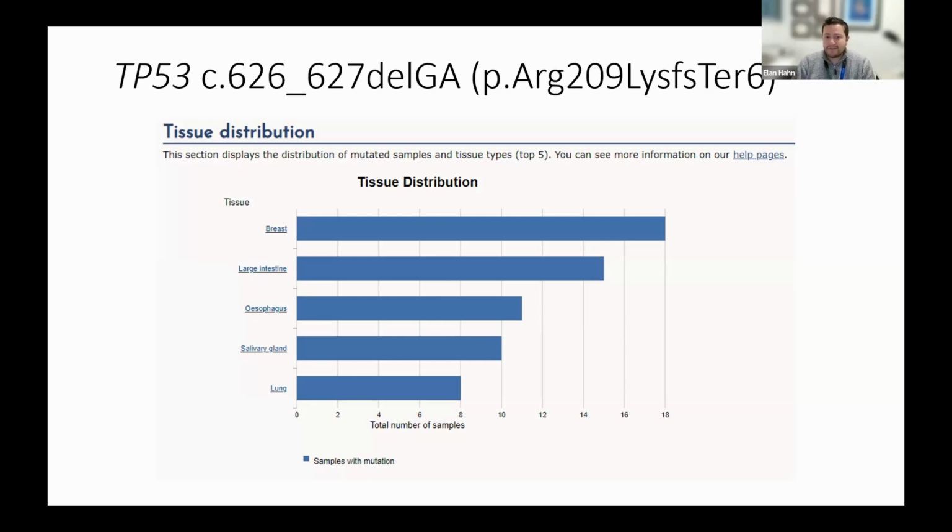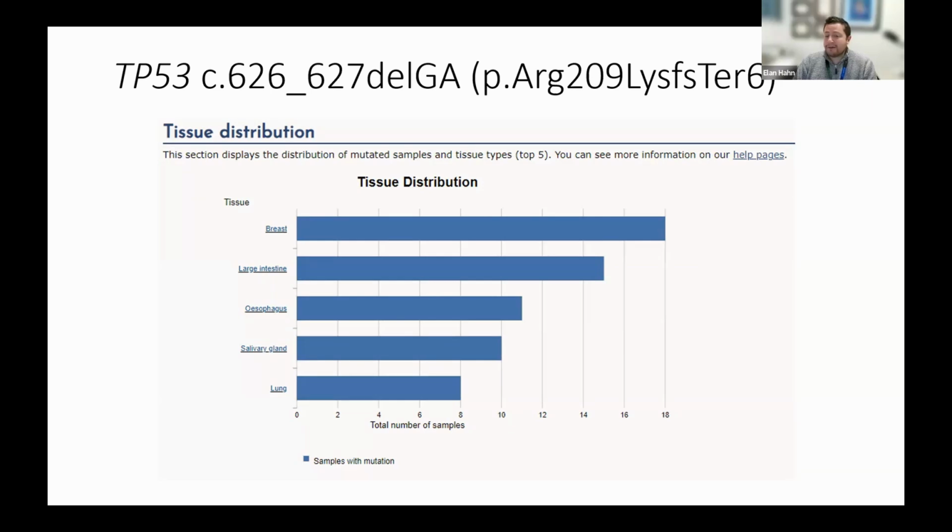RB is next at 42%, and they're co-mutated in approximately 40%. The current practice is to accept abnormal RB and P53 together as evidence, not definitive evidence, but evidence in the column of neuroendocrine carcinoma of the lung.